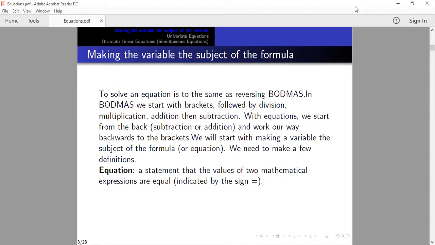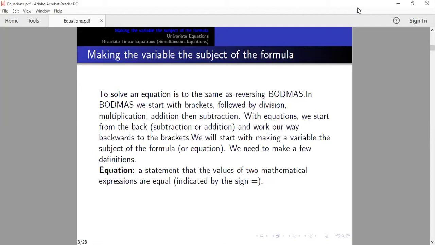So, before we jump right in, we've got what we call an equation. And we need to understand, what do we mean when we say we are talking about equations? The definition of an equation is a statement that the values of the two mathematical expressions are equal.